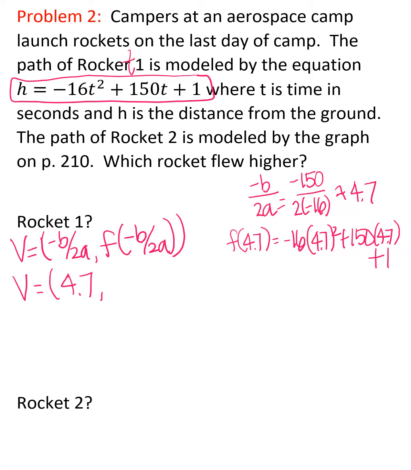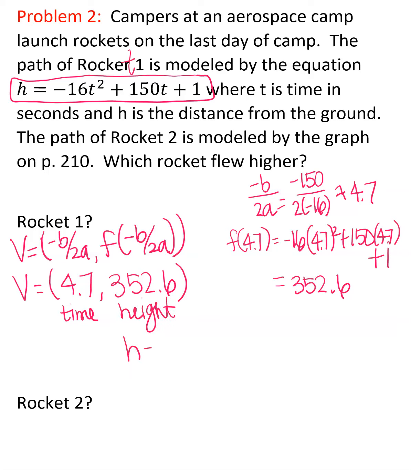And you get 352.56. So we'll call it 352.6. Okay, so the height of the rocket, this is the time, 4.7, and the height would be the 352.6. So height equals 352.6 feet.